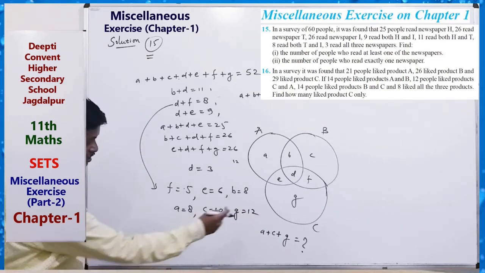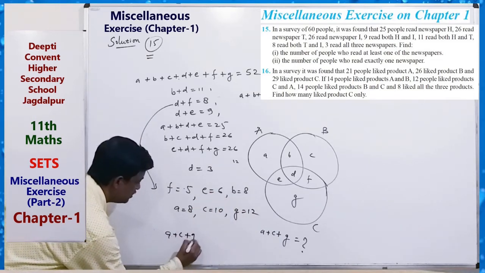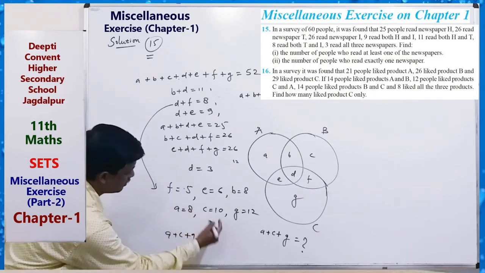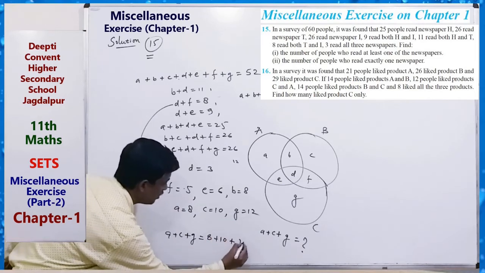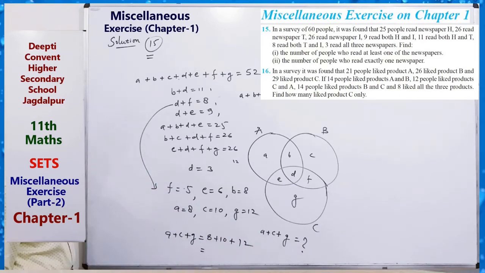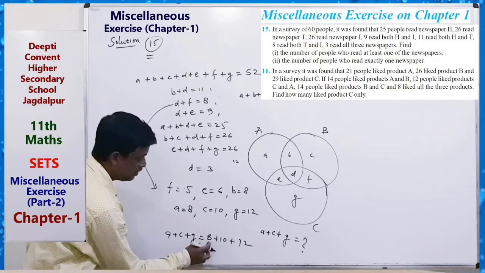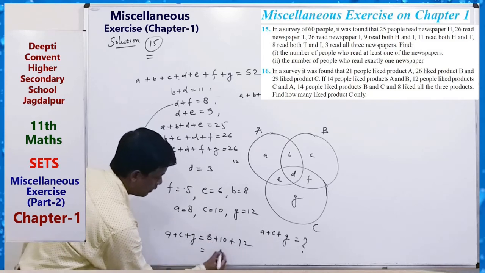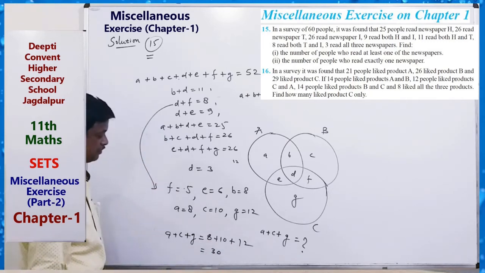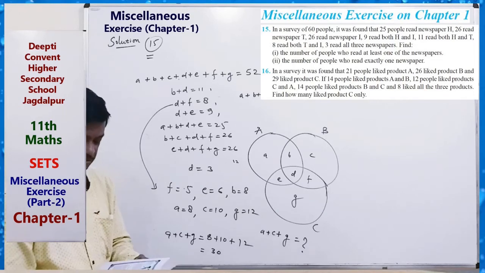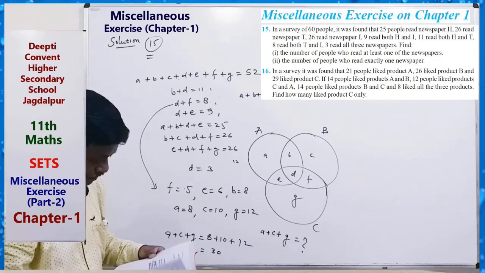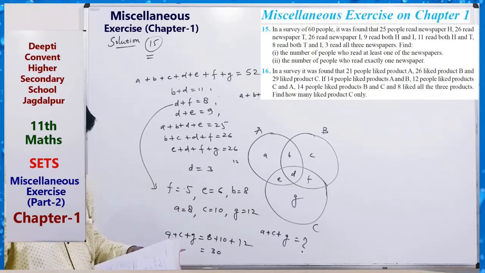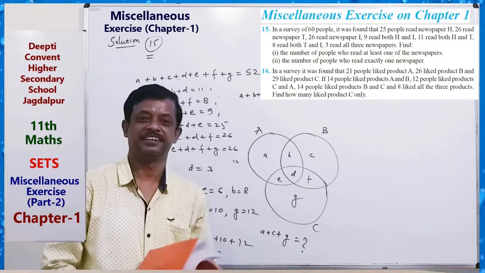Now we require A plus C plus G. A is 8, C is 10, G is 12. So 8 plus 10 is 18, plus 12 is 30. So the result is 30.